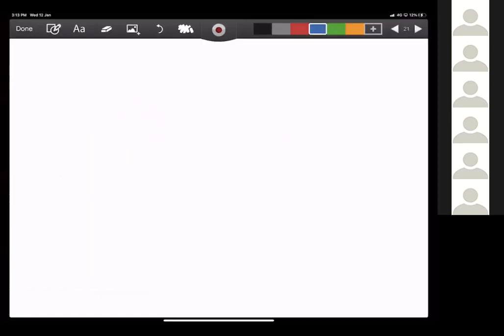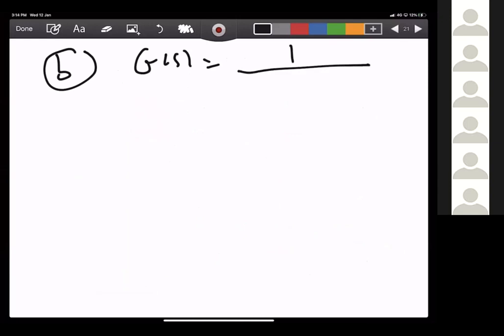Henrietta, bacakan dia punya tu. Open loop ni. Open loop. 1 over 4s squared times bracket s squared plus 1 close bracket.